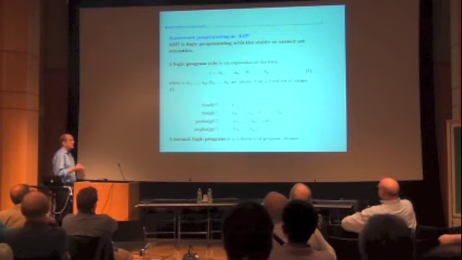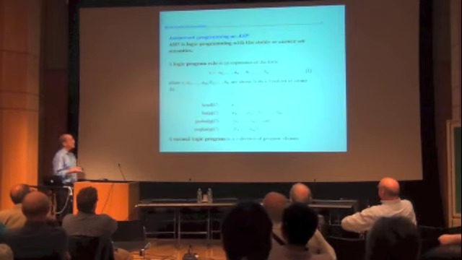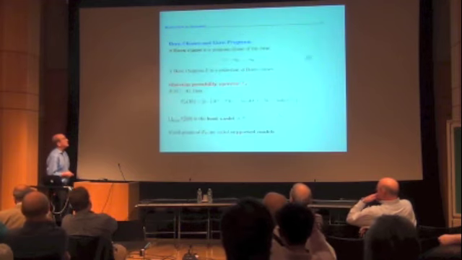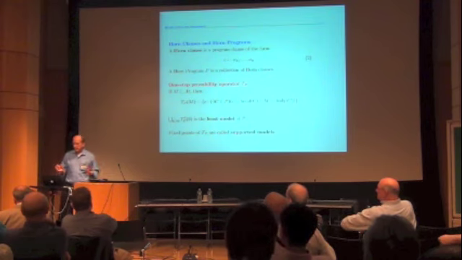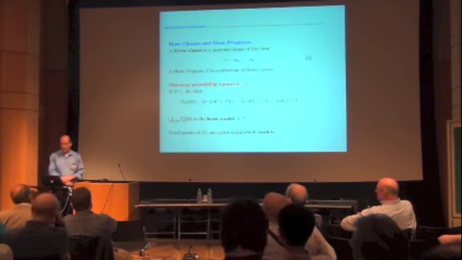A program is just a collection of these, and I'm assuming that the C's, the A's and the B's are just propositional atoms. So this is the propositional case. Okay, so the typical thing people have is Horn programs, and those are really easy to understand for logicians, right? We know that there's going to be a least model.